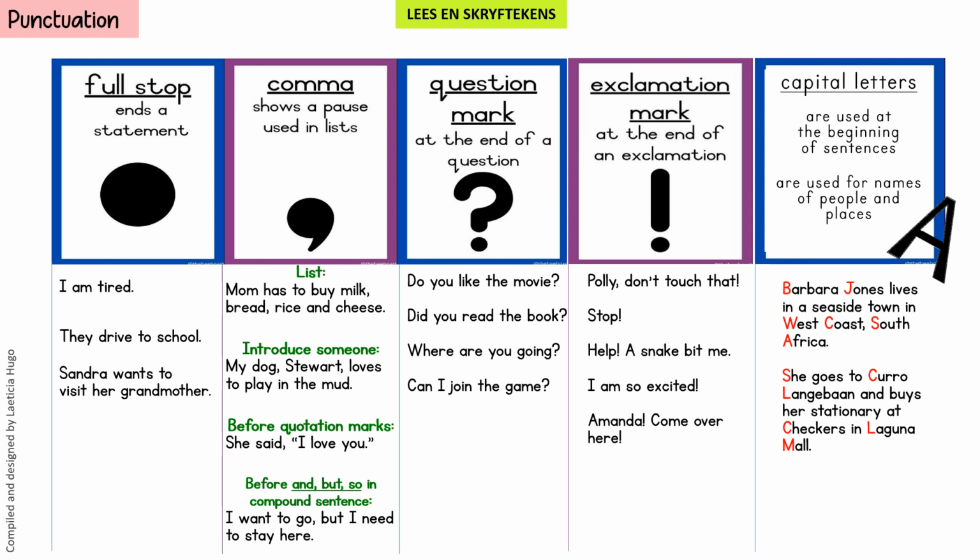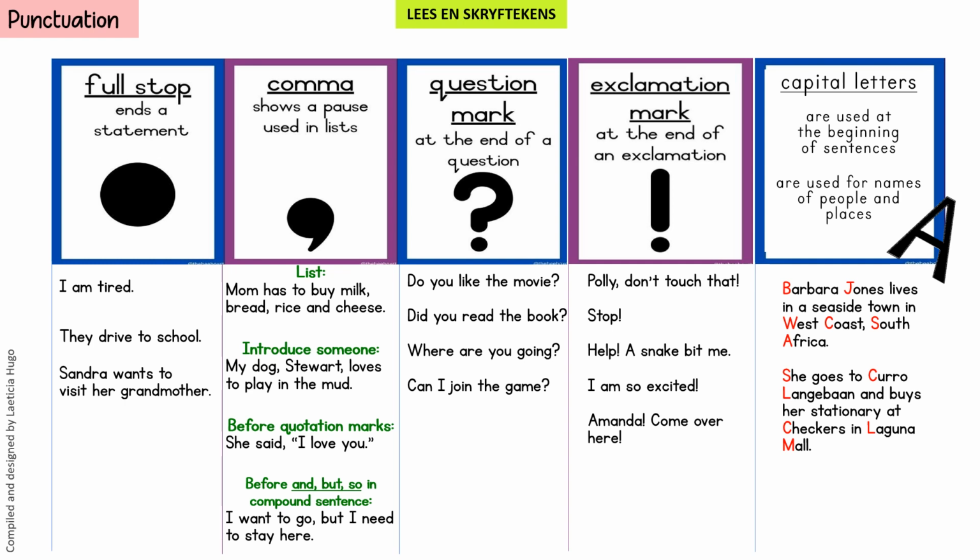Full stop. Now the next one, comma, that shows a pause and it is used in lists. So here at the bottom, the lists that we just spoke about, it is mom has to buy milk, bread, rice, and cheese. You are listing quite a few items, so we use commas between it to show the different nouns.